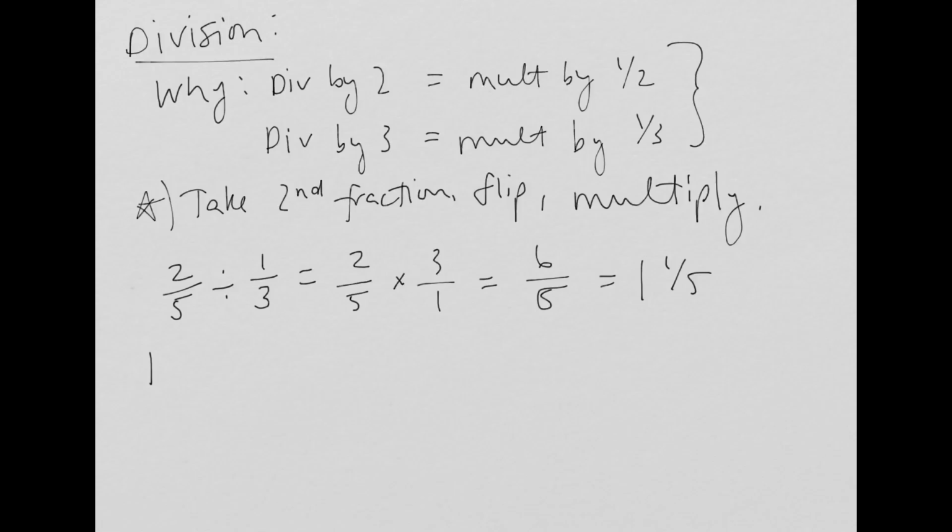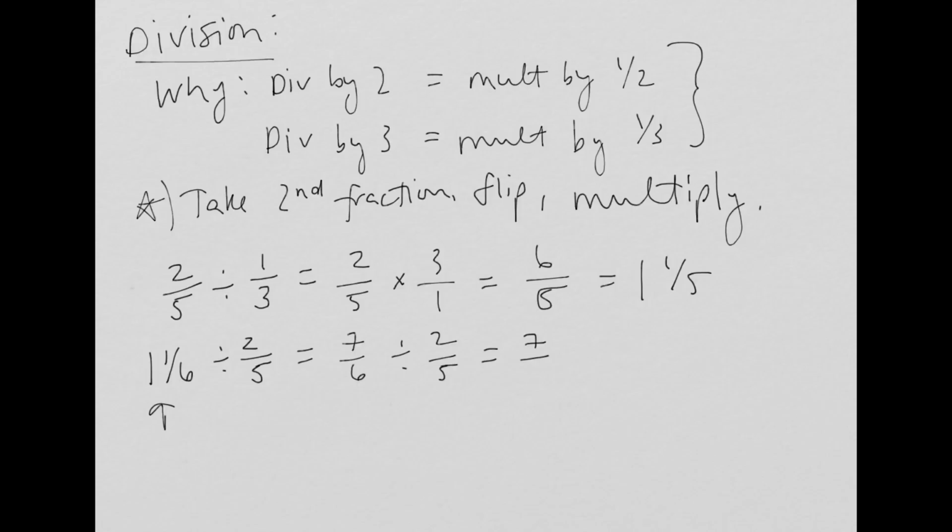Okay, what about 1 1/6 divided by 2/5? Well, here we run into that problem again where I don't have just a standard fraction or an improper fraction here. I have it mixed, so let's convert it. So 6 times 1 is 6, plus 1 is 7. So I got 7/6 divided by 2/5.